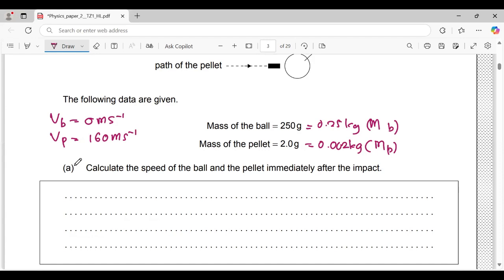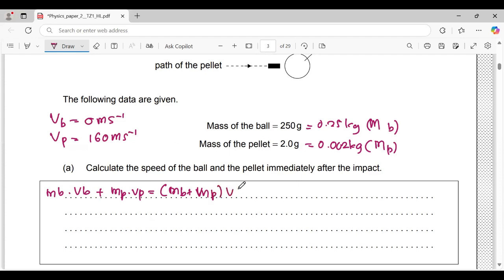According to the principle of conservation of momentum, mb times vb plus mp times vp, this is before collision, and after collision, mb plus mp times v.